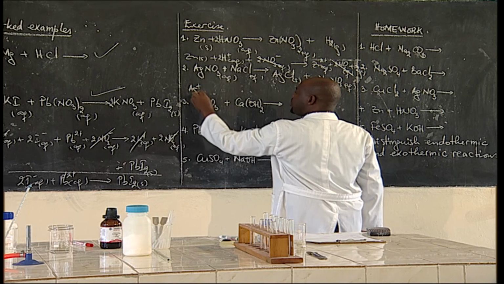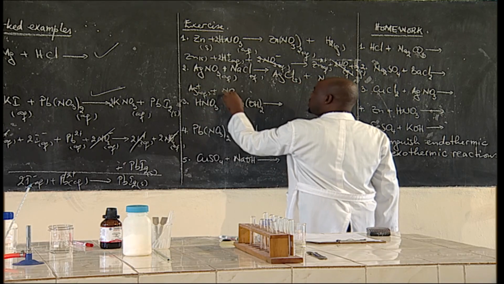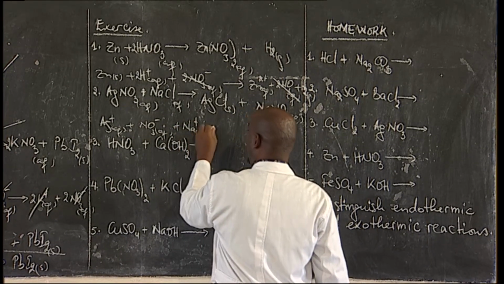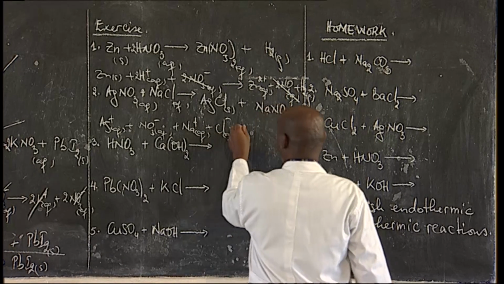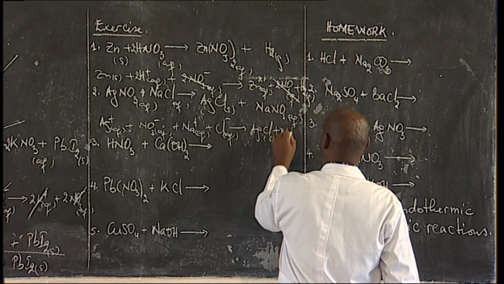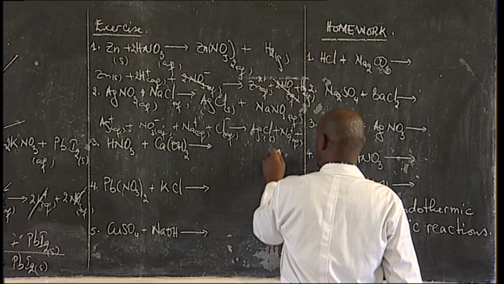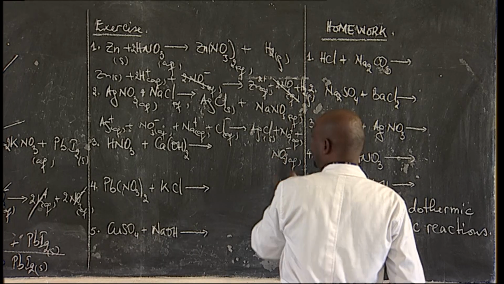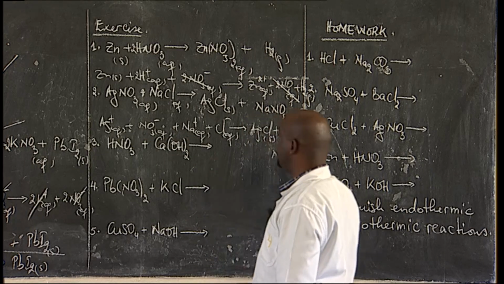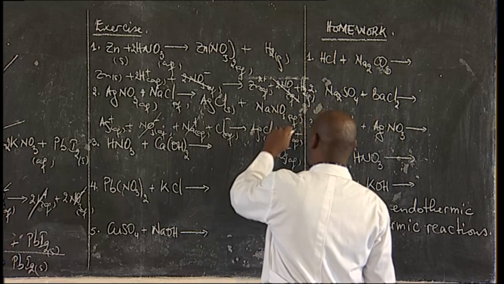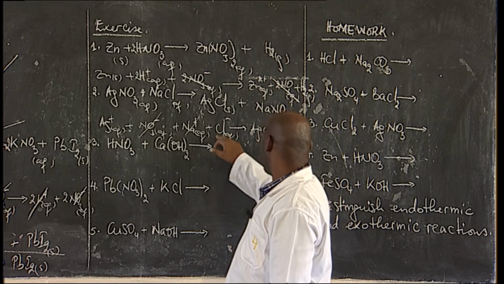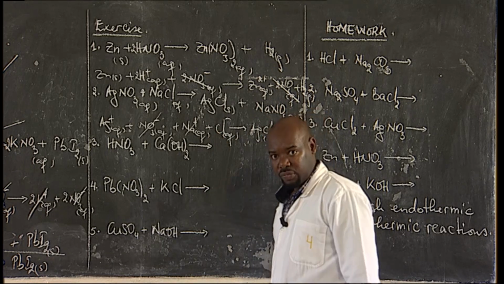So we have silver positive plus the nitrate ion plus sodium positive, the chloride ion, to produce silver chloride, which is solid, sodium ion, and the nitrate ion. The nitrate ion is present in the free form here, and sodium is also present in the free form, so we cross them out, and our ionic equation remains silver reacting with the chloride ion to produce solid silver chloride.